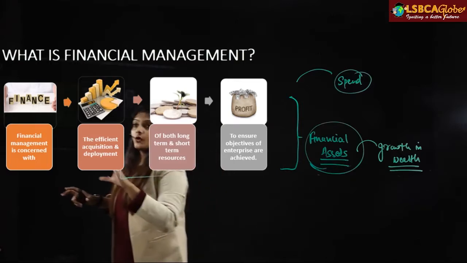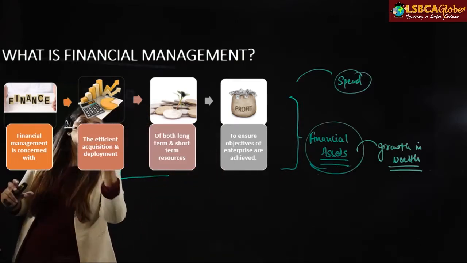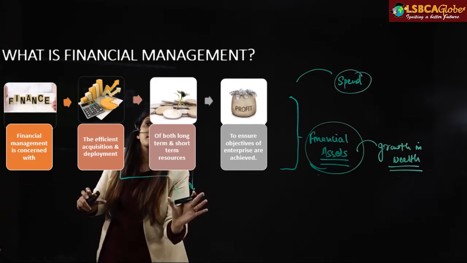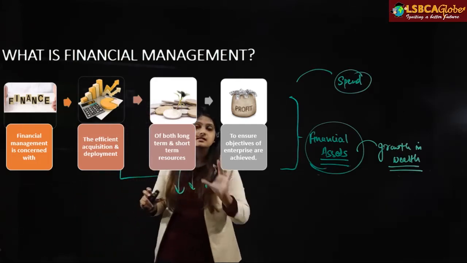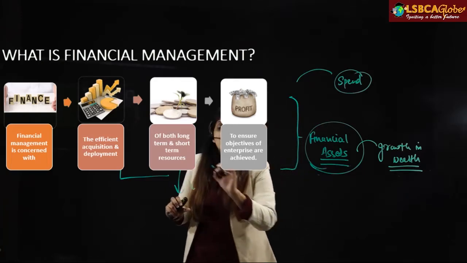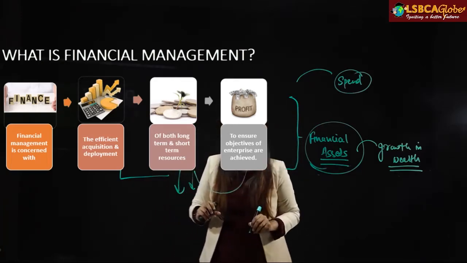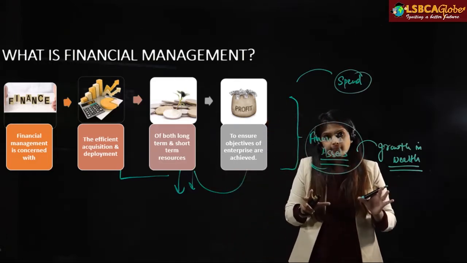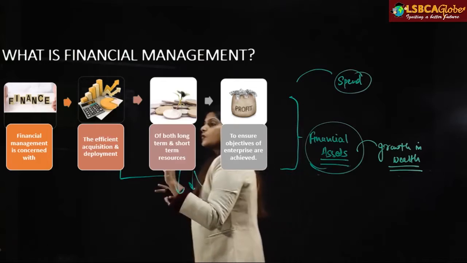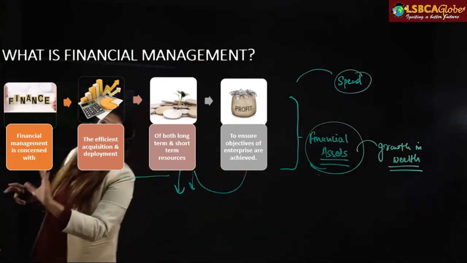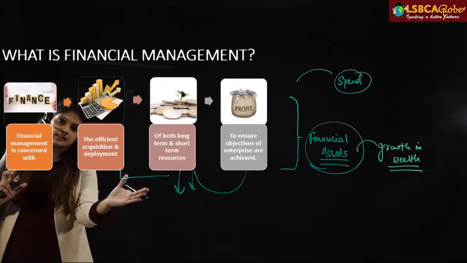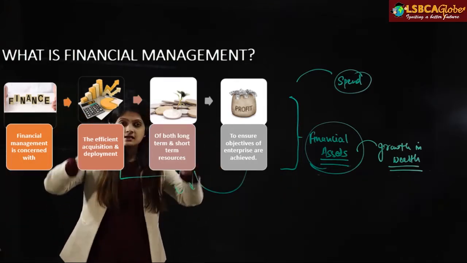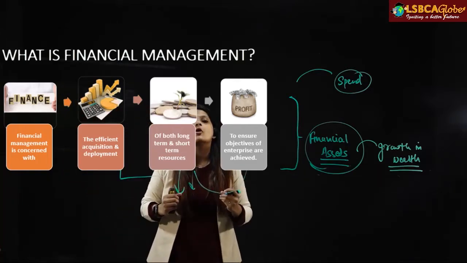Financial management is to ensure that the resources are acquired, few resources are required and few resources are employed in a business organization, so as to ensure that the overall objectives of the organization are achieved. So under financial management, what we are going to do is employ the limited wealth of an organization in resources in such a manner that it can generate wealth for the organization.